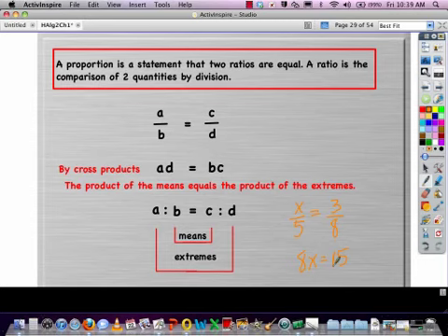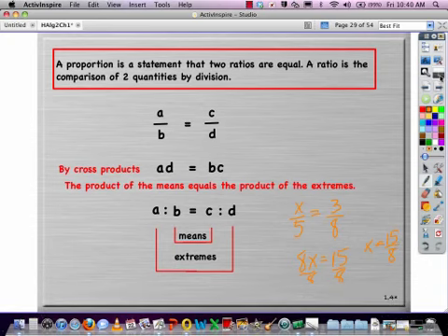And from there, divide by 8, and you will have your x value of 15/8 as your solution. Not all x and y values in means and extremes are going to be whole numbers, so keep that in mind. All right, we should be able to move forward here.